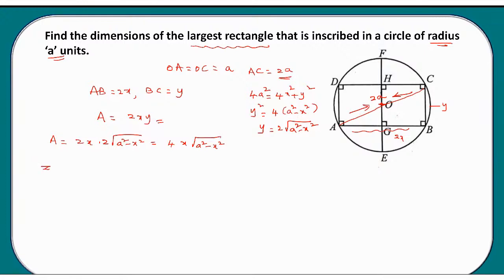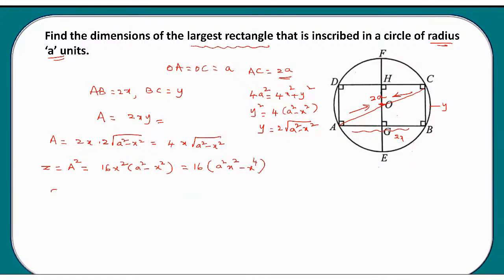So let us say the function z is equal to A square. I'm taking the square of the area, that is 16x square into a square minus x square. So that is 16 into a square x square minus x to the power of 4. Differentiating this is more comfortable.